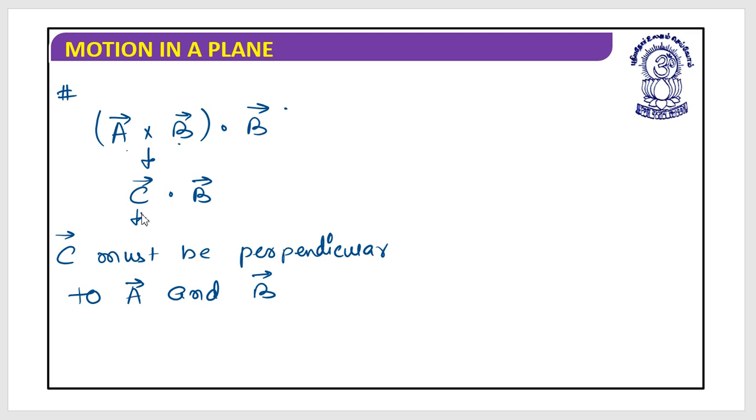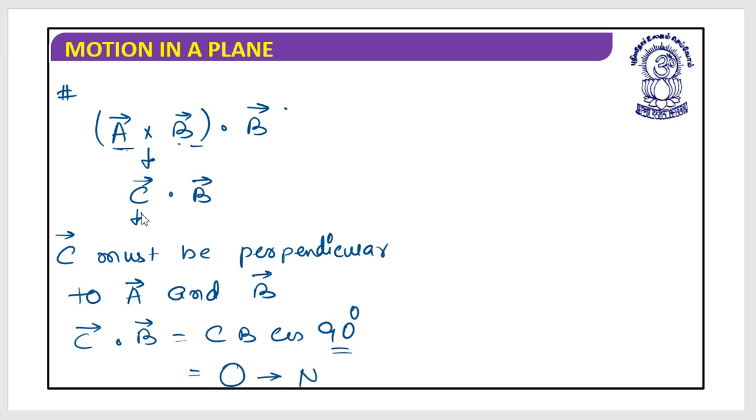Whatever the answer C would be, it must be perpendicular to A as well as B. So if you perform C dot B, it comes to CB cos 90 degrees, because they are perpendicular to each other. And if these two are perpendicular, cos 90 would convert my answer to 0.